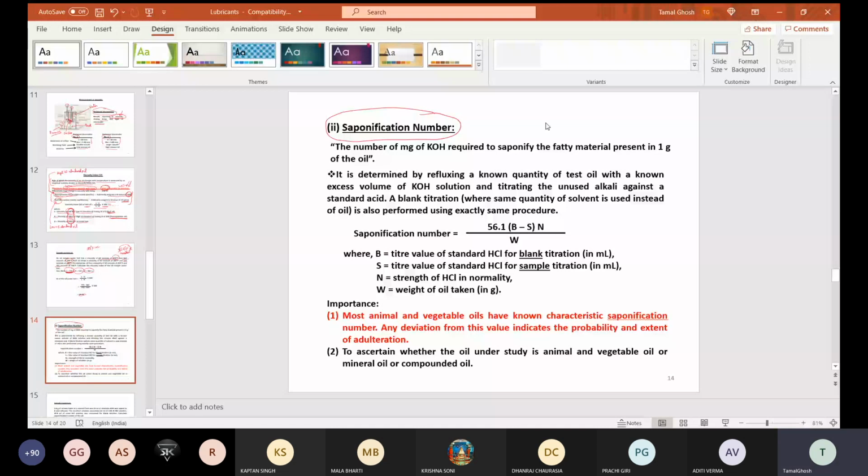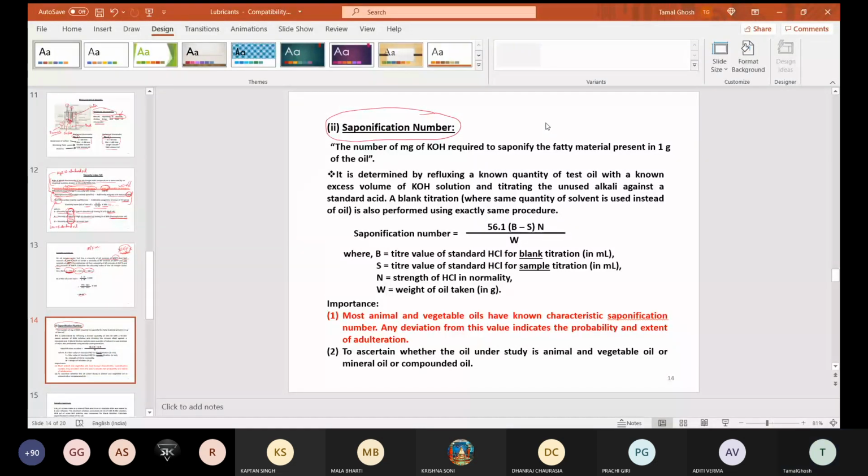Basically, whatever ester functional groups are present in our oil are hydrolyzed by alkali, that is potassium hydroxide, and long chain carboxylic acid potassium salts will be generated.